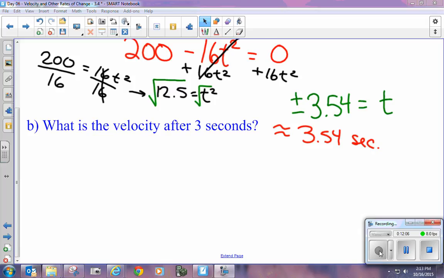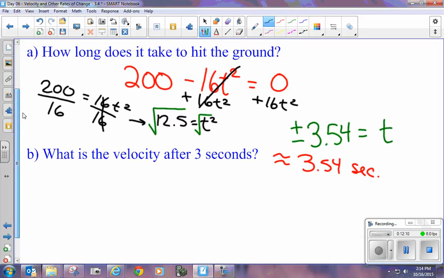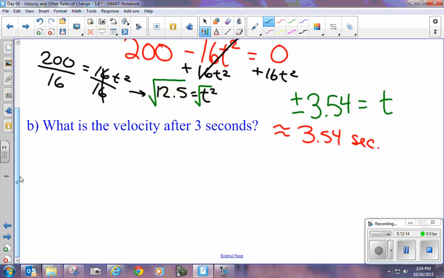So what is the velocity? Well, velocity is just the derivative of our original function, isn't it? What's the derivative of that?